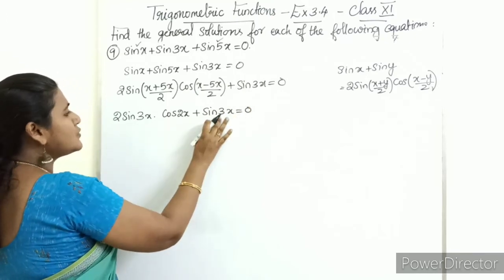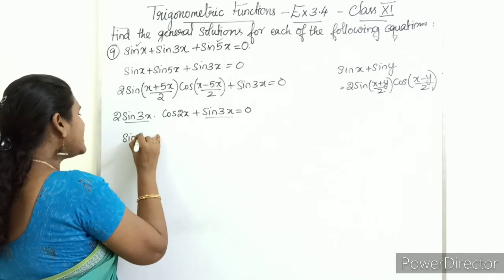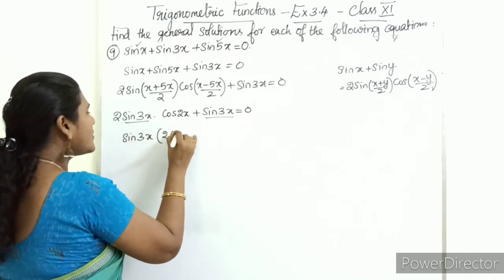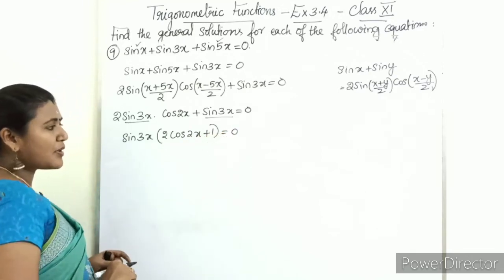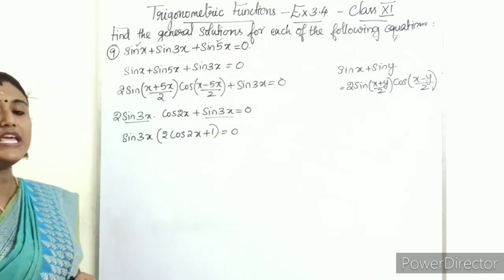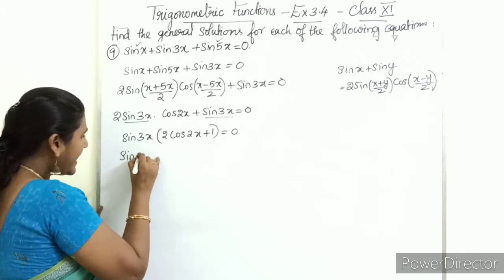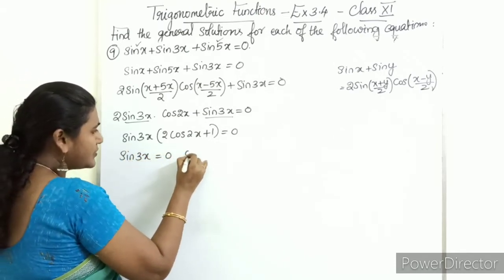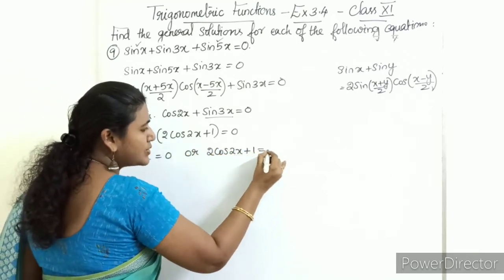Now from these two terms we can take sin 3x common. So sin 3x into (2 cos 2x plus 1). See here, now we got the product of two factors, so we can equate each factor to 0. So either sin 3x is equal to 0 or 2 cos 2x plus 1 is equal to 0.